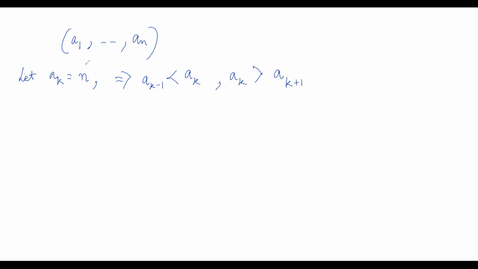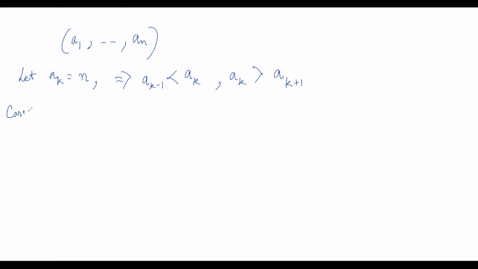Yes, now if ak is a1 or an, then the other point won't exist. If k is 1, then ak minus 1 won't exist, and if k is n, then ak plus 1 won't exist. Okay, fine, but now we'll consider two cases.